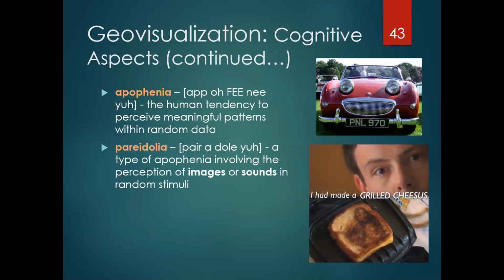Another one is like this. I had made a grilled cheese. When you're looking at that piece of bread, you can see a very typical figure of Jesus, right? You know that because you saw this figure as Jesus somewhere in your life. Some of the bread has been burned, obviously, and the burnt part formed this figure of Jesus.